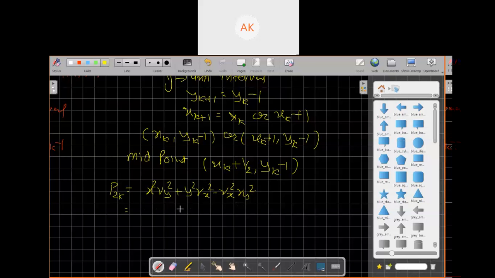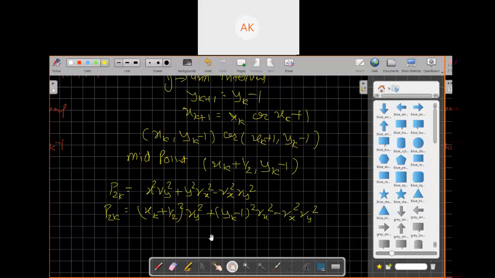X is xk plus half, so (xk plus half) whole square into ry square plus y. Value of y is yk minus 1, so (yk minus 1) square into rx square minus rx square ry square. This is your initial decision parameter p2k.